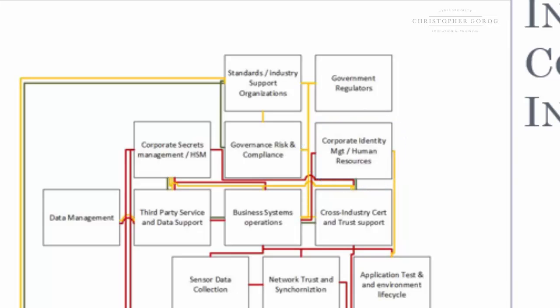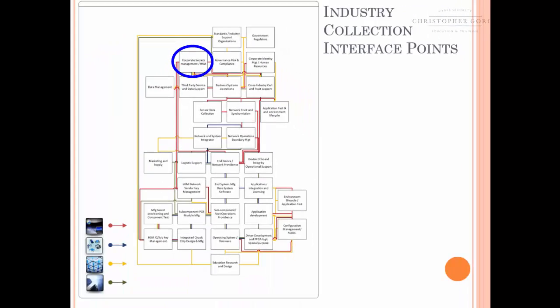And at that corporate level, you see the corporate secrets management that also integrates to the two levels below, where it integrates to the business operations and to the network synchronization and trust management portions. We talked about that in security management gateways.